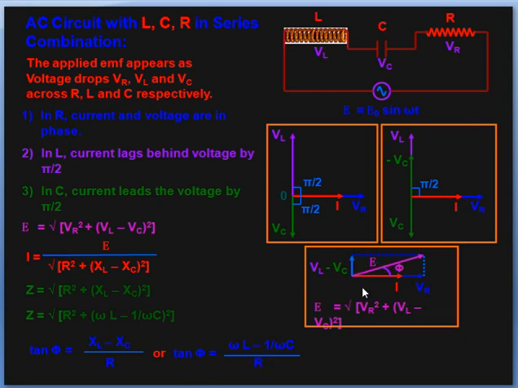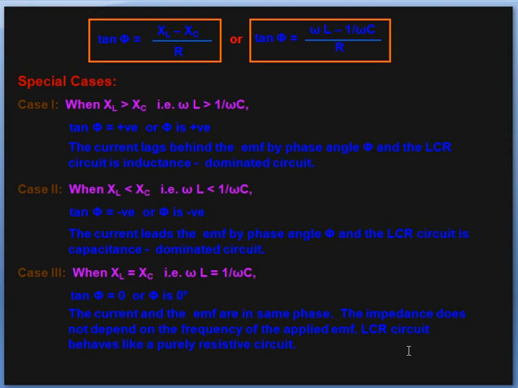So this is the phasor diagram. You all are familiar, no problem. There are some special cases. When XL is greater than XC, omega L will be greater than 1 upon omega C. In this case, tangent of phi will be positive, phi will be positive. But in case number 2, when XL is less than XC, then tangent of phi will be negative.